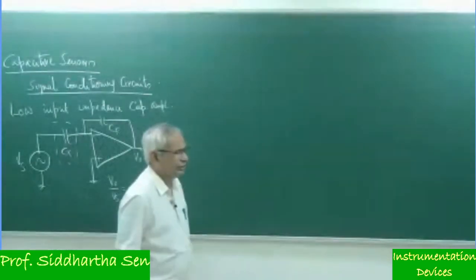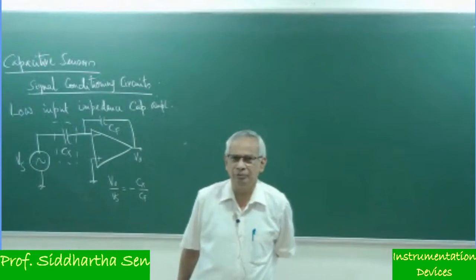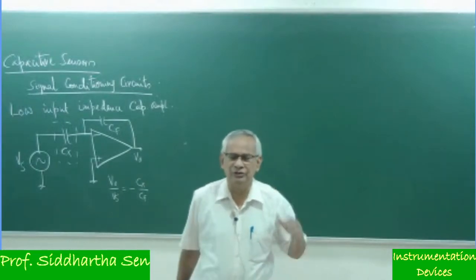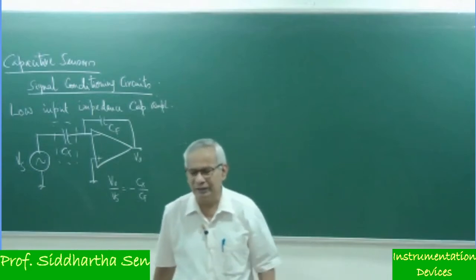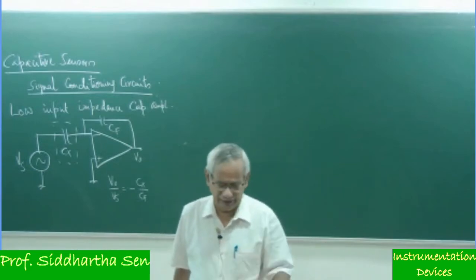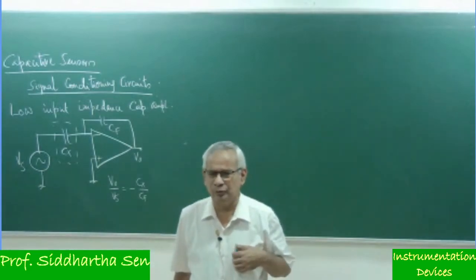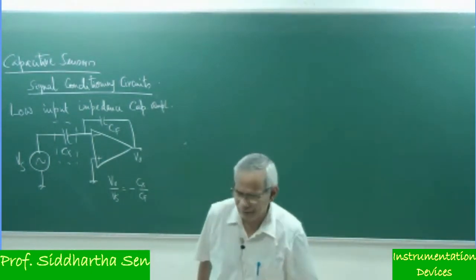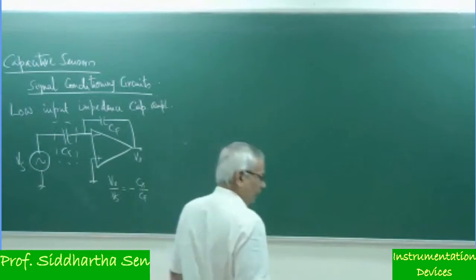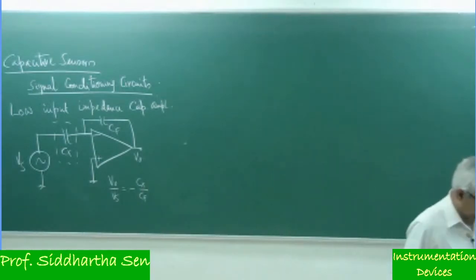So in this case, the output voltage will be proportional to Cx. So if we make this Cx a sensor, then we can have linear characteristics, output voltage linearly varying with the Cx there.